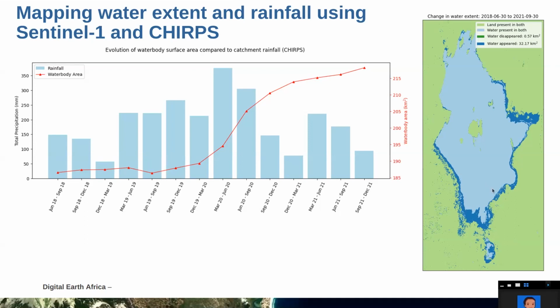A small area that we can't really see but is actually present is dark green pixels. A zoomed in image will show that there are some areas that were classified as water in 2018, but were classified as land in 2021.